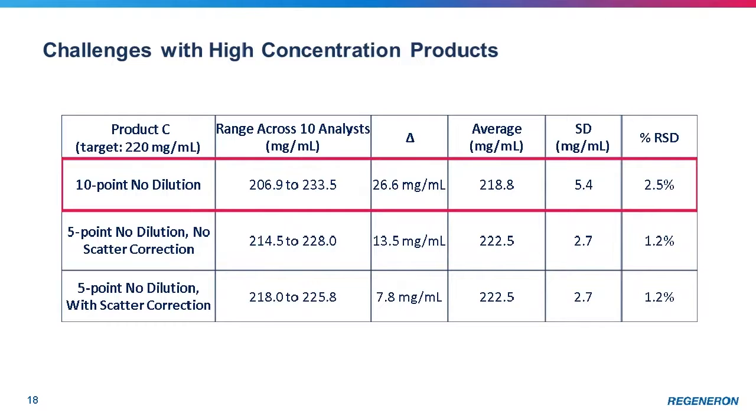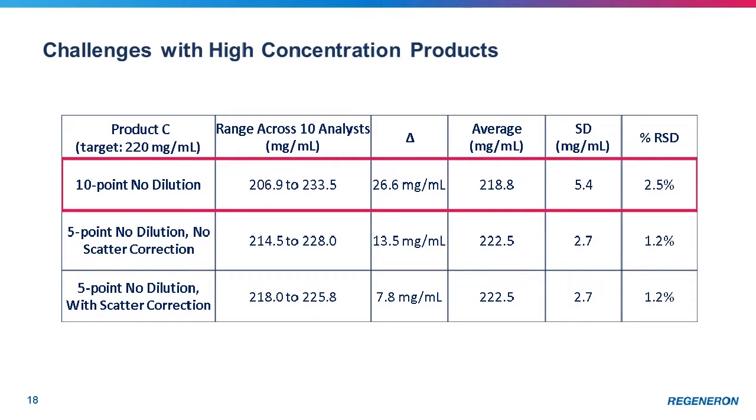Another product we measured with a target concentration of 220 mg per mil was analyzed using 3 different techniques. All the data here was collected across a range of 10 different analysts in order to add some more variability.